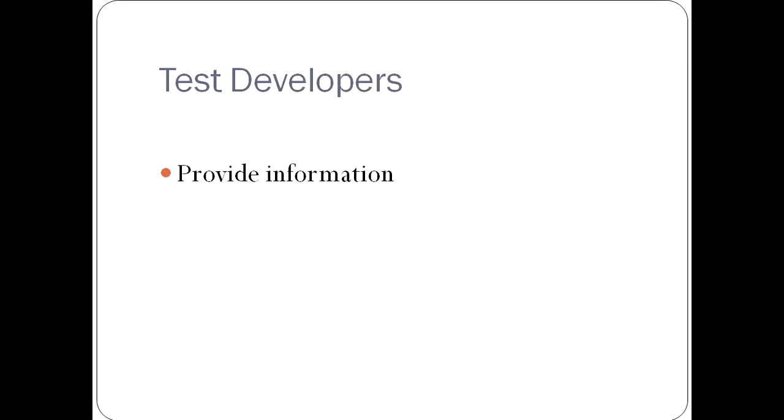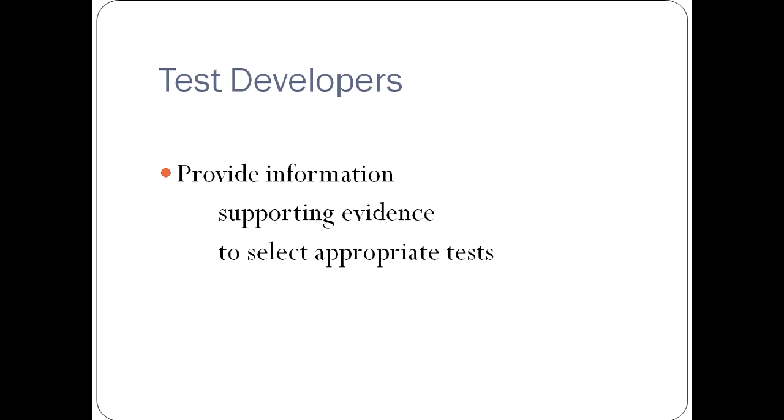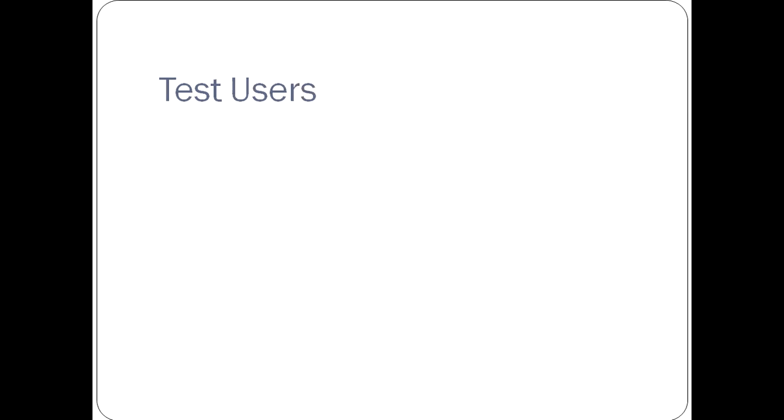Now, test developers need to provide all information necessary, supporting evidence that shows that the tests that they develop are good, to select the right tests, in other words, good tests. Appropriate is used a lot in this because appropriateness is associated with what is good, fair, and right.